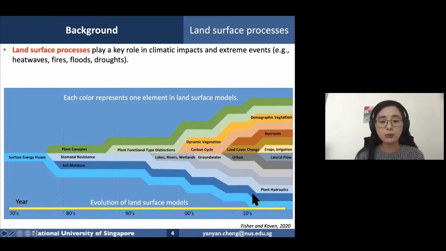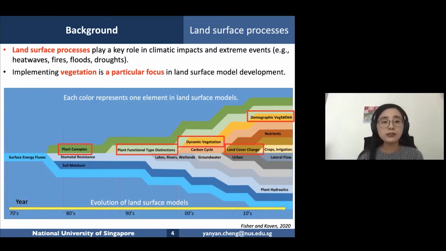So we can see that with time, more and more elements are being added to the land surface model because people are realizing the increasing importance of these land surface processes. When we take a further look at all these elements, we can see that implementing the vegetation is the main focus during this model development process, such as the plant canopy, the dynamic vegetation, and the land cover change.